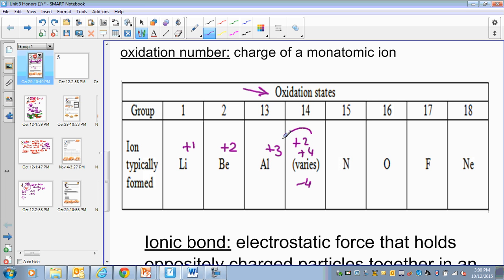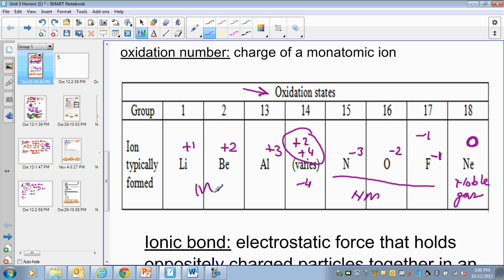Neon and the other noble gases don't need to gain or lose, so their oxidation state is 0. Fluorine has 7 valence electrons, so it's going to gain 1. These are the oxidation states or oxidation numbers. For nonmetals, it's negative. For metals, it's positive.